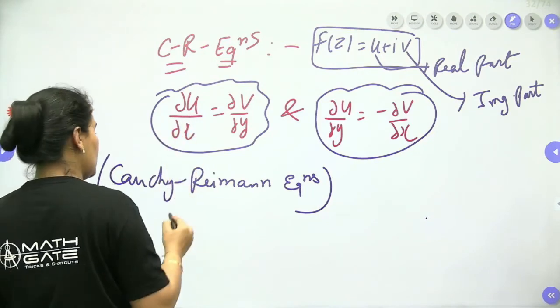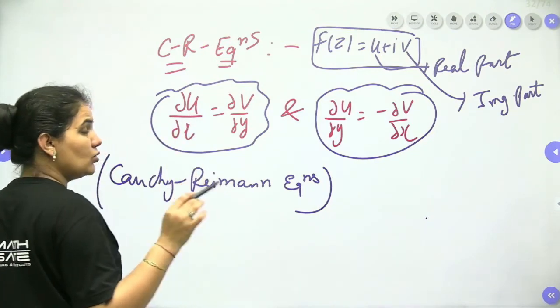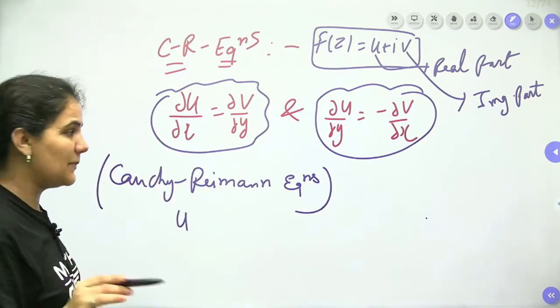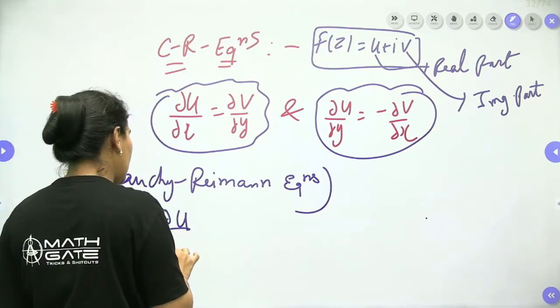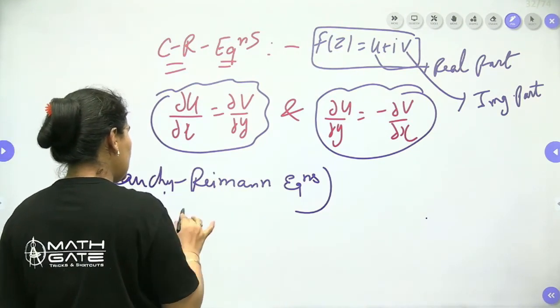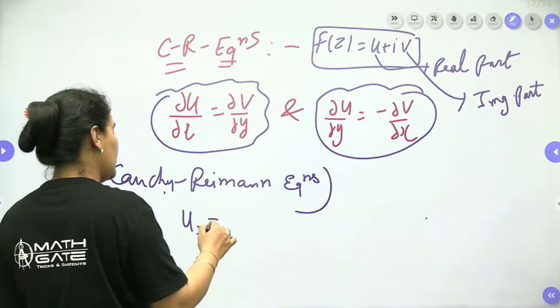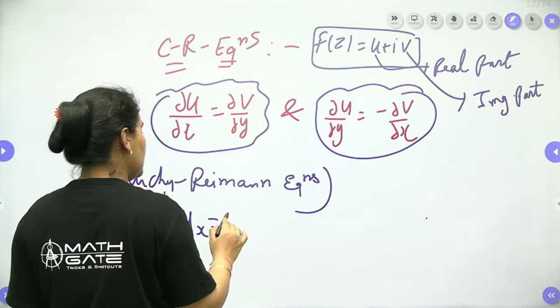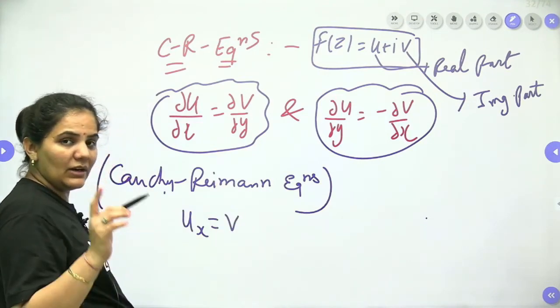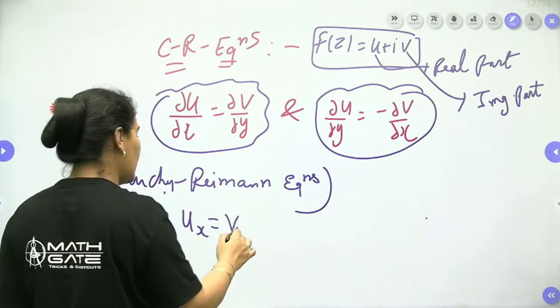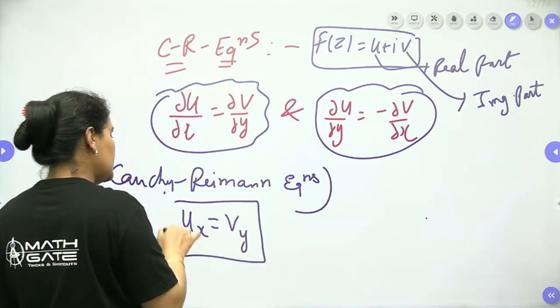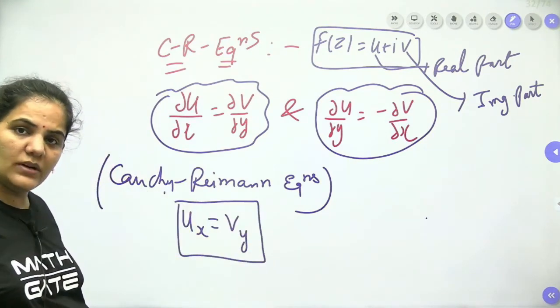So we have to partially differentiate u with respect to x, so it will be del u by del x. You can write it as u subscript x. And we have to find the partial differentiation of v with respect to y, so it can be v subscript y. So ux is equal to vy, dear students, right?